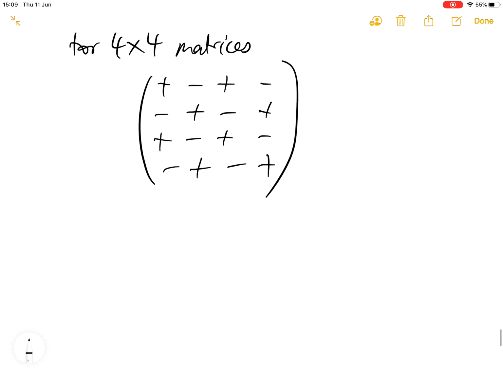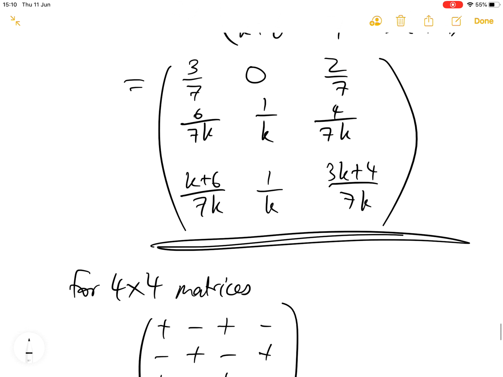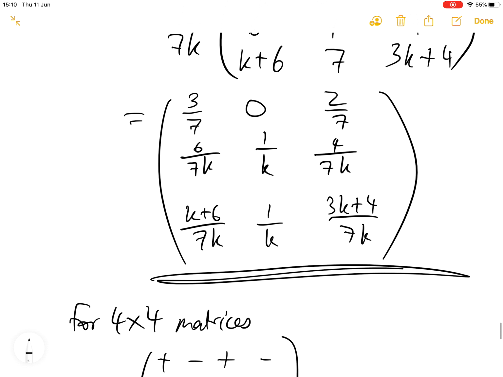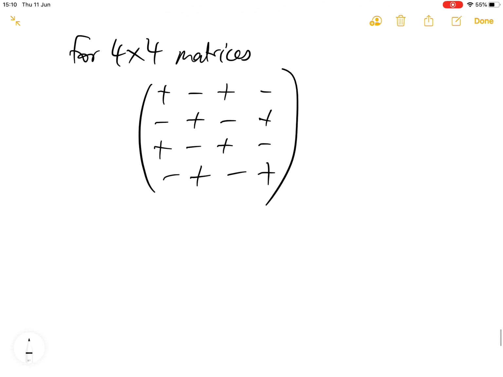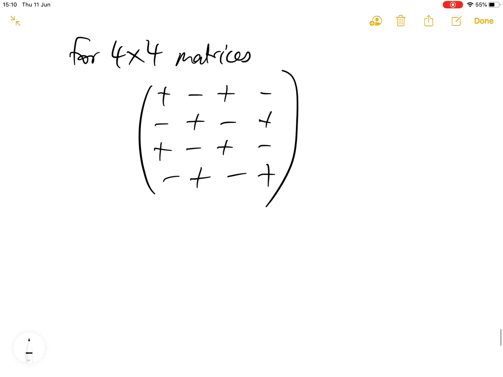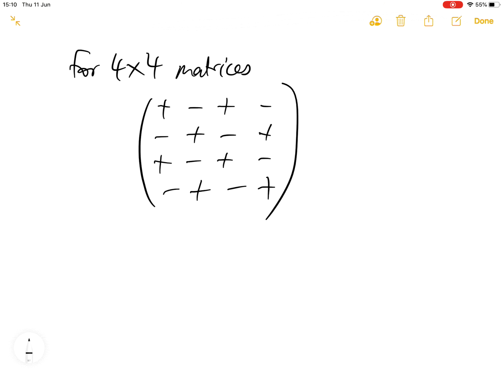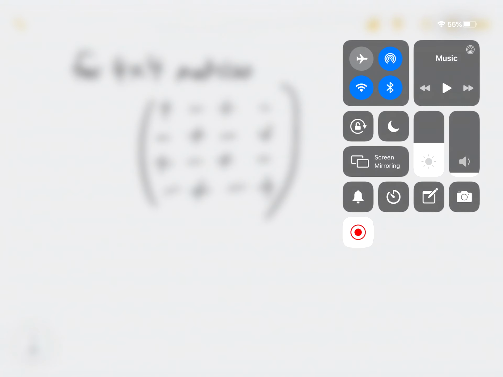But you can easily see how to extend this to even higher dimensions as well. We'd just continue the same pattern for 5x5, 6x6, and so on. So really finding the inverse of matrices takes a long time if you do this procedure, but the procedure itself is just an algorithm that a computer can be programmed to carry out. So yeah, that concludes inverse of 3x3 matrices.